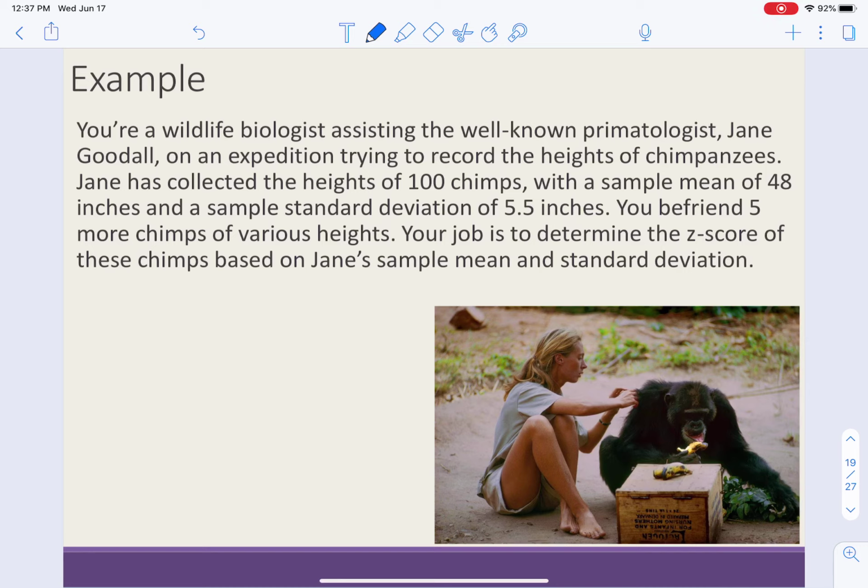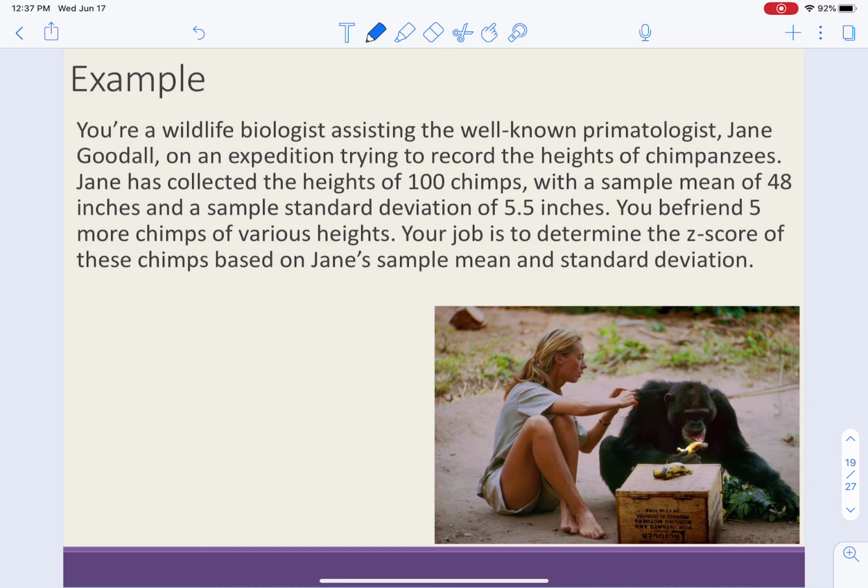Jane goes out and she collects 100 chimps, so a decent sample size, right? We don't know what the distribution of those 100 chimps looks like, but we do know that the mean is 48 inches, and the standard deviation was 5.5.